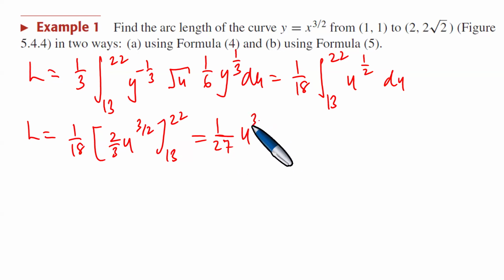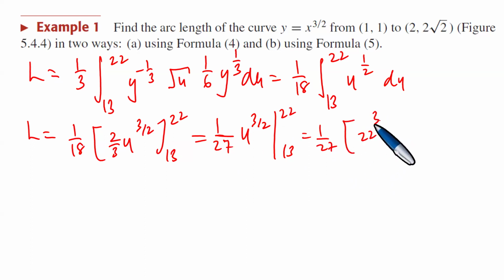So u to the power 3 out of 2. 1 out of 27, 22 to 3 out of 2, 13 to 3 out of 2. Yeah?